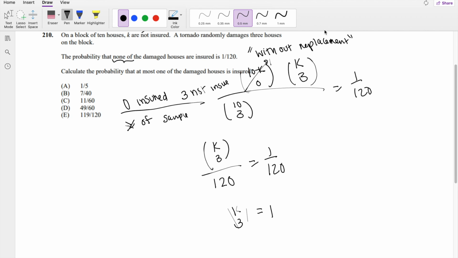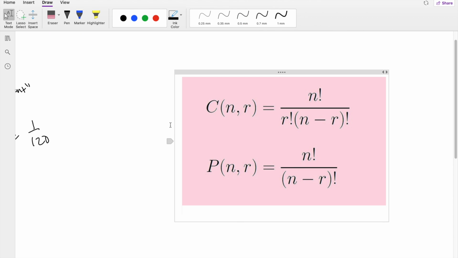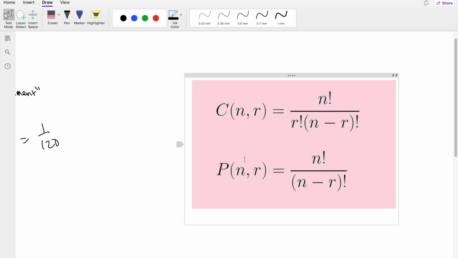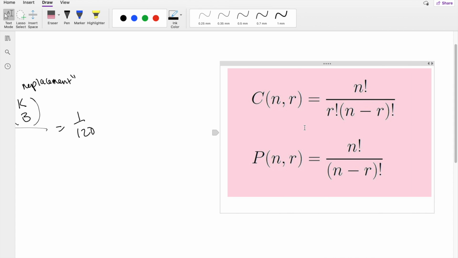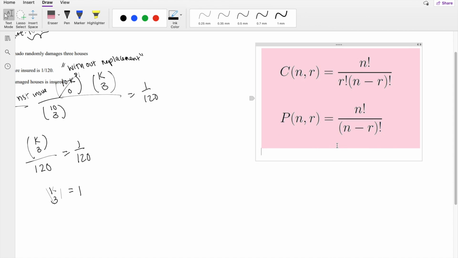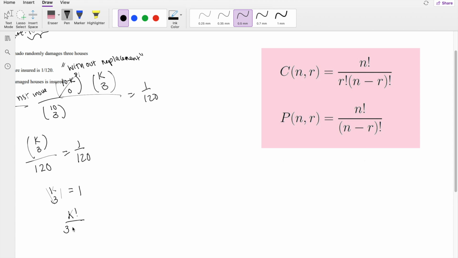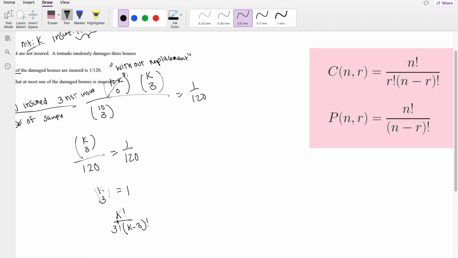As you may remember, the combination formula is n factorial divided by r factorial times n minus r factorial. So if our n is k, this will be k factorial divided by r factorial, which is 3 factorial, times k minus 3 factorial, equals 1.